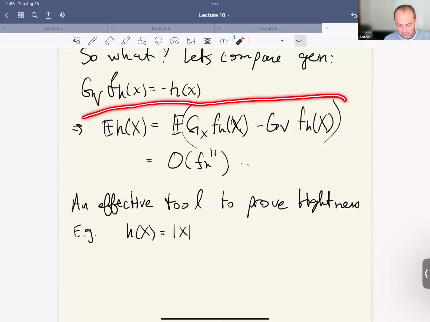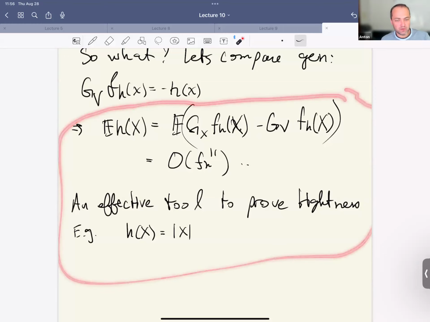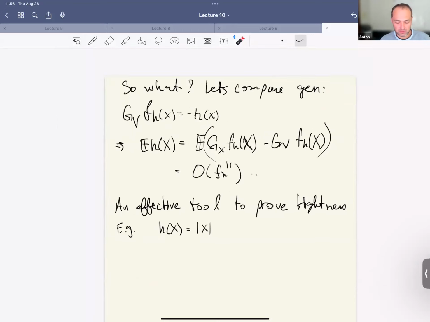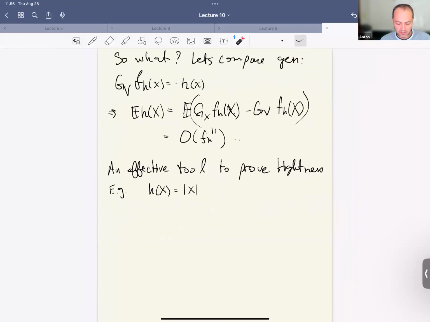Another systematic or promising way, where you don't really have to guess at the Lyapunov function, is to use this fluid potential. And long story short, if you pick h to be this absolute value of x, then you can use the fluid potential as the Lyapunov function, provided you have control over its second derivatives. The tighter your bounds on the second derivatives, the tighter the bound on the quantity of interest that you're going to get.